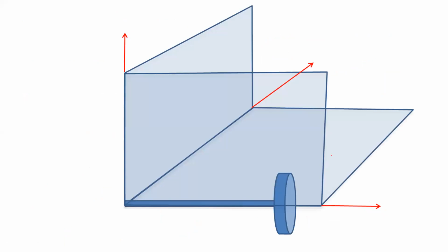So here you can observe the complete system with different planes. So OX is the axis of spin. About this axis, the disk is rotating with angular velocity omega. Okay, so it is having the initial angular momentum vector, which is parallel to OX.